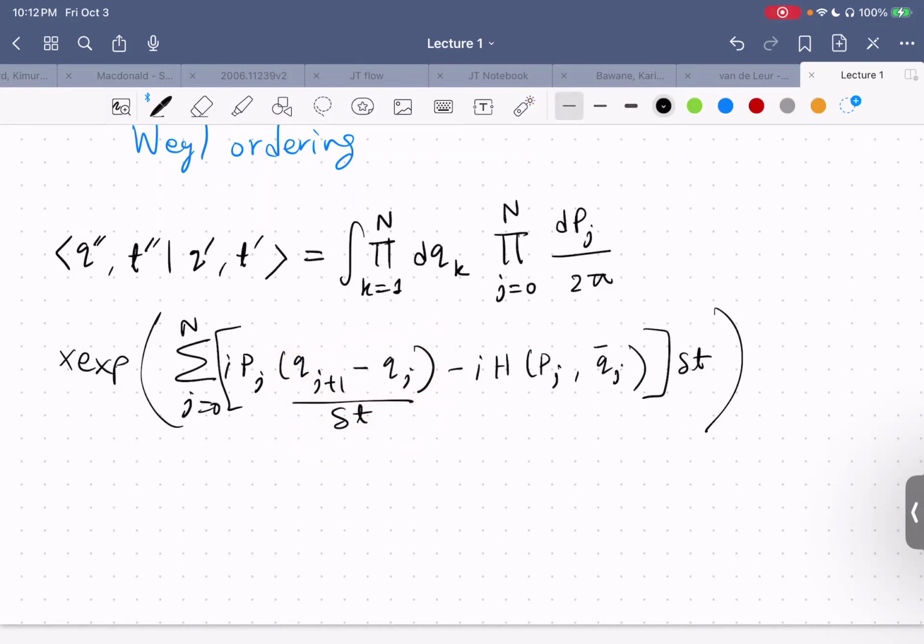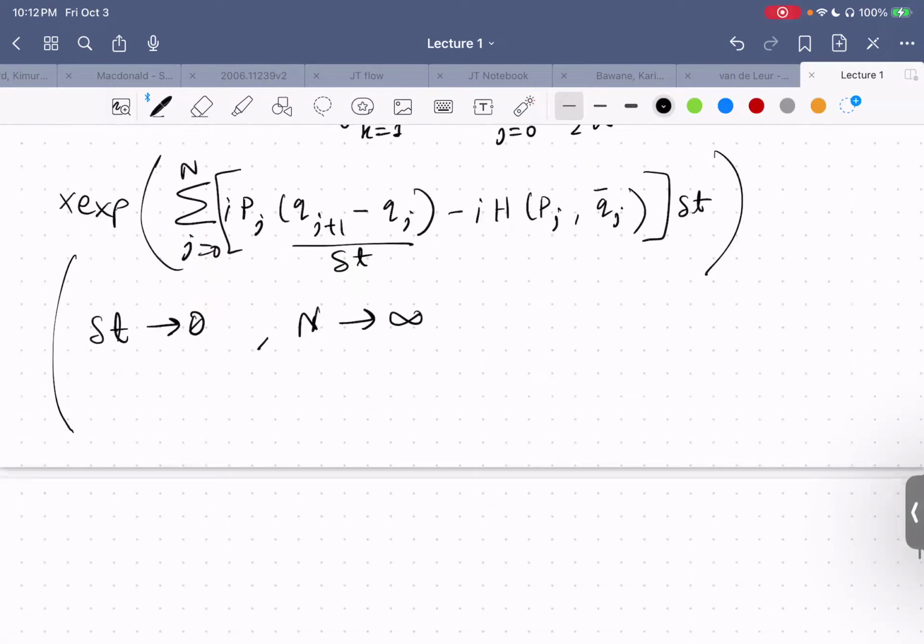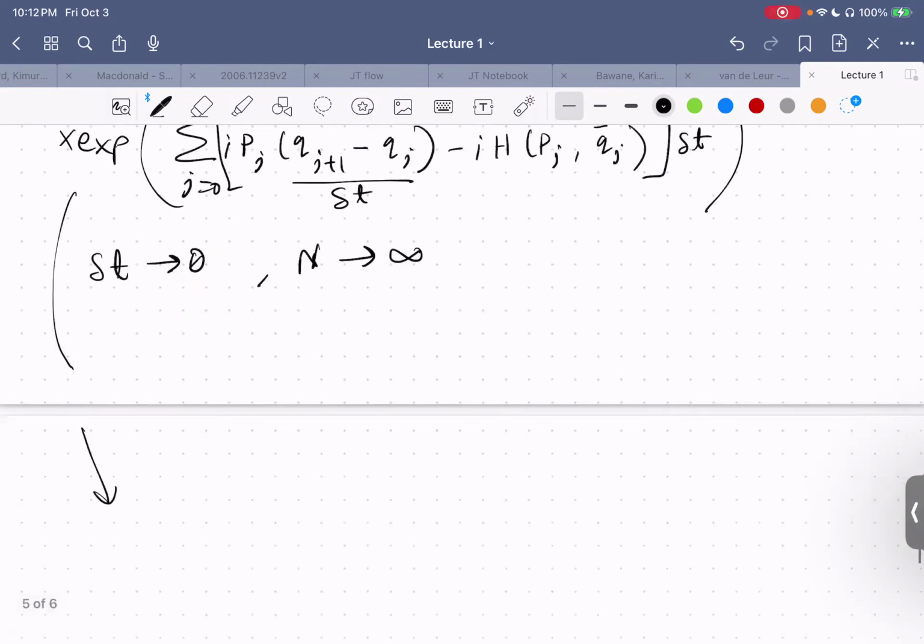So the point is that once we take the delta t goes to 0 limit, at which point n goes to infinity, this expression involving this sum, which now becomes an infinite sum, reduces to an integration.